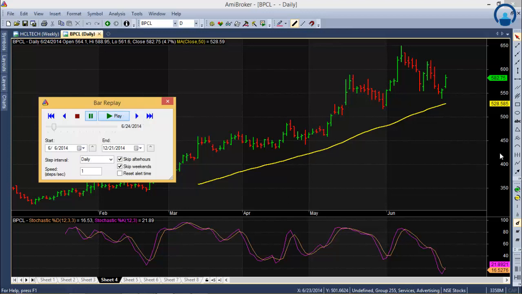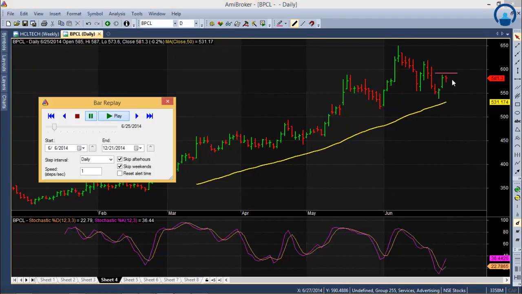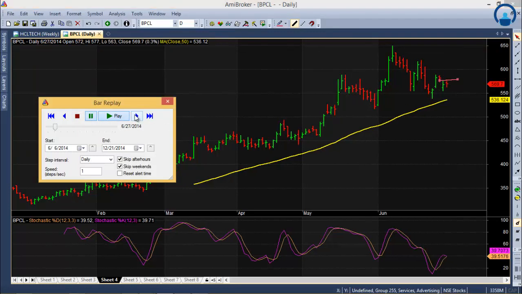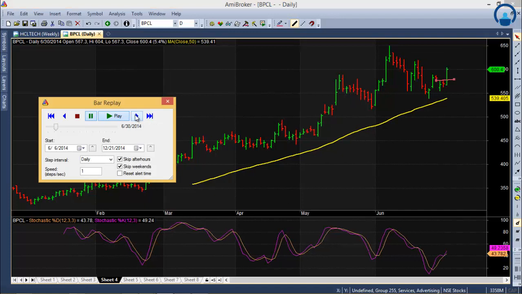Following the crossover, we will buy into this stock if next day prices cross above this recent high. The high was not crossed, stochastic is still positive, so we revise our entry price. Revise, revise, and bingo, we are entered into the trade.